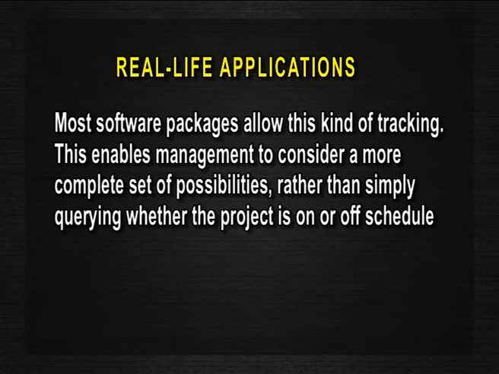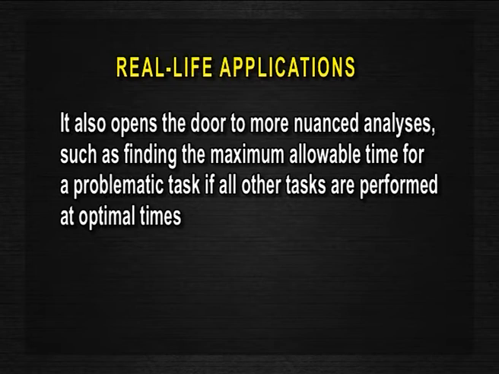This enables management to consider a more complete set of possibilities rather than simply querying whether the project is on or off schedule. It also opens the door to more nuanced analysis, such as finding the maximum allowable time for a problematic task if all other tasks are performed at optimal times.